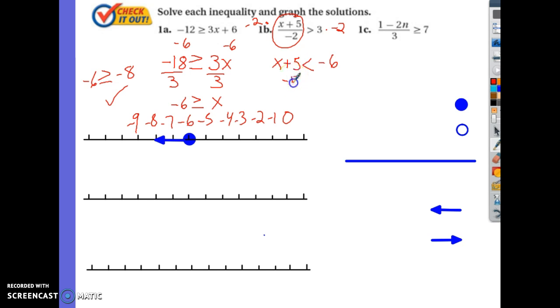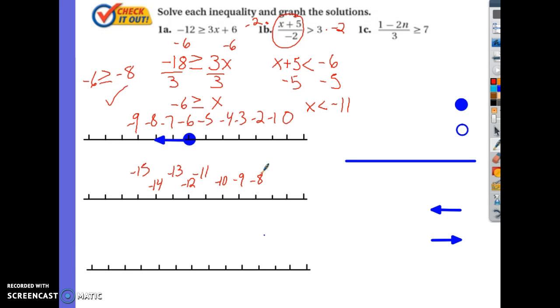Subtract 5, and x is less than negative 11. So now we're just going to plot that. I'm going to put negative 11 right in the middle, then negative 12, negative 13, negative 14, negative 15, and over here negative 10, negative 9, negative 8.